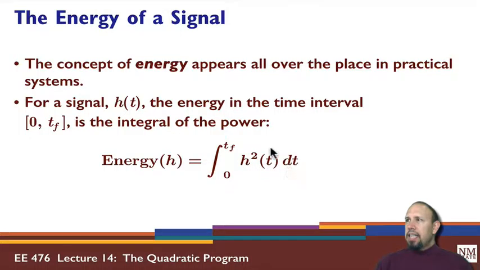So basically, this quantity will be large if the signal is large or if it is persistent. You can actually have a large energy if you have a long time that you're considering and the signal is persistent in that entire time. That can also contribute a large control.